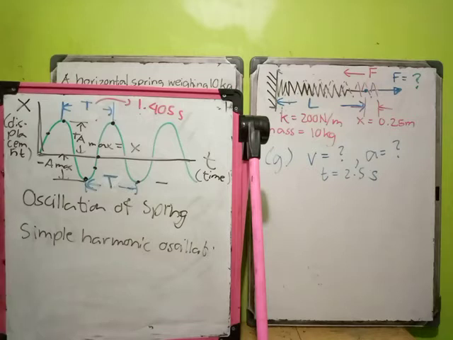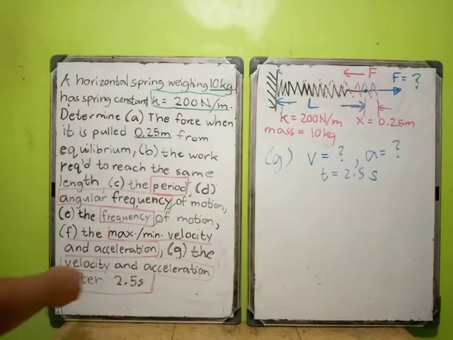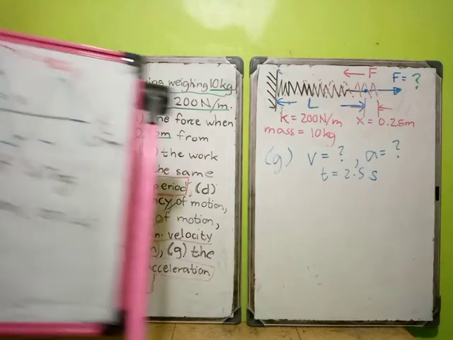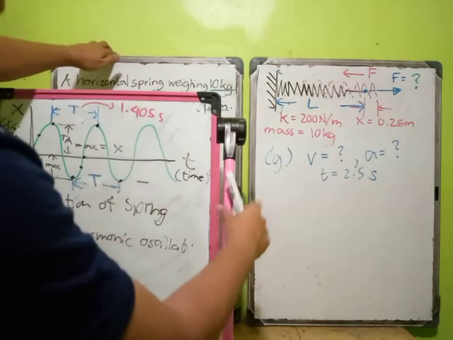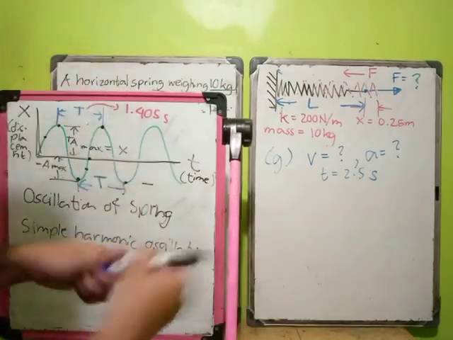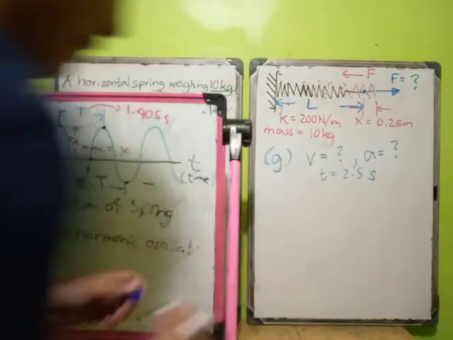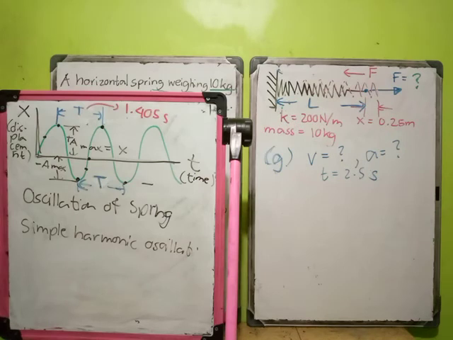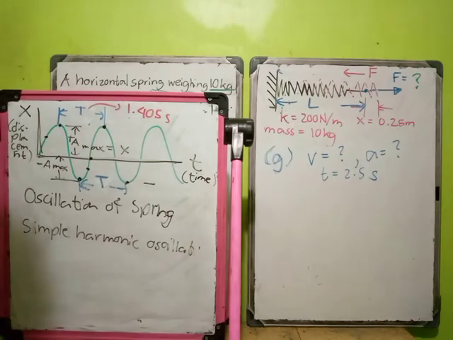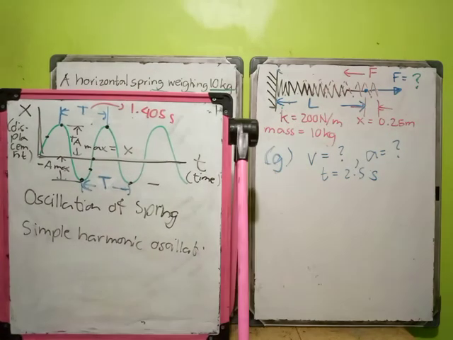But somehow, relative to the problem, balikan natin, which is velocity and acceleration after 2.5 seconds. Okay, it's just a review class, guys, to reinforce your memory on the subject matter.